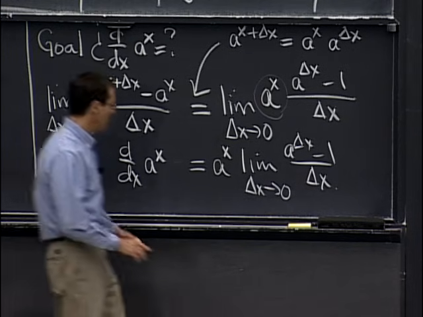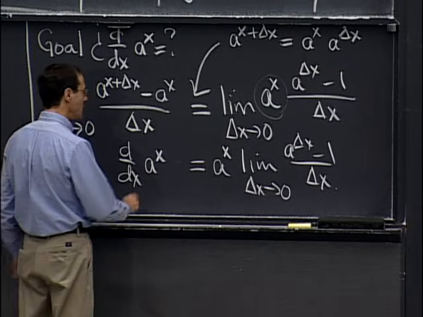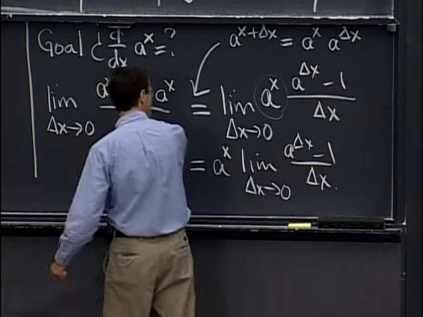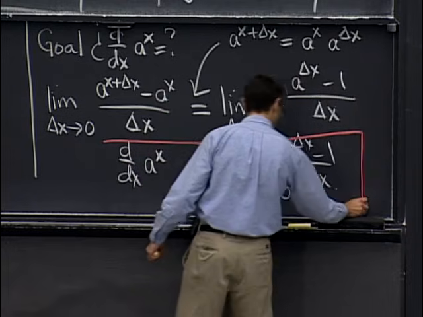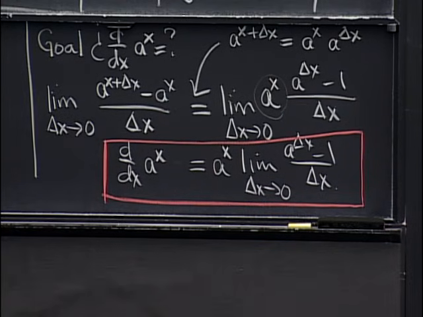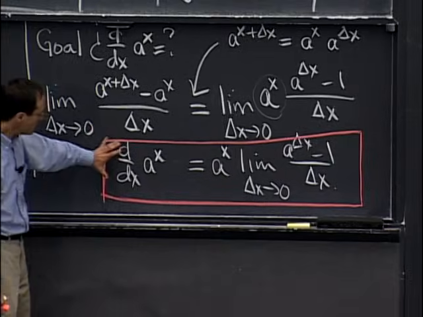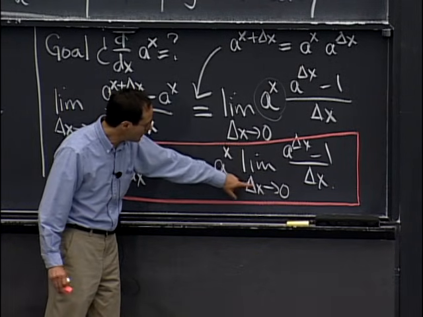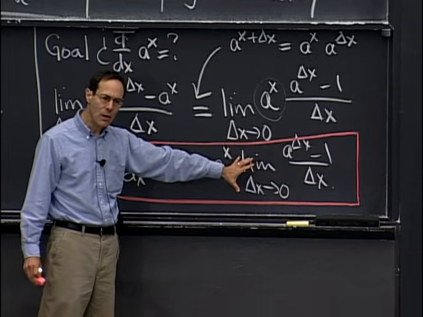Now, I want to stare at this expression and see what it's telling us, because it's telling us as much as we can get so far. So first, let's just look at what this says. It's saying that the derivative of a to the x is a to the x times something that we don't yet know.